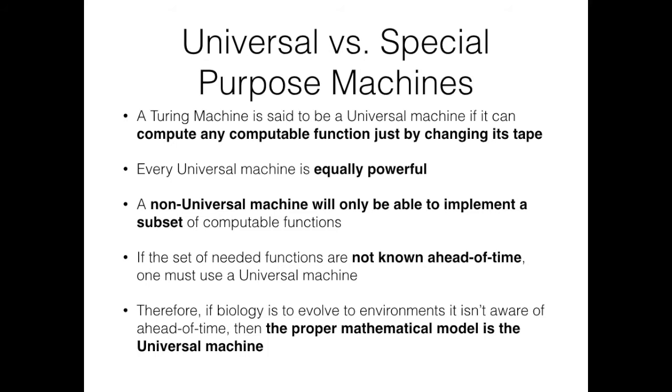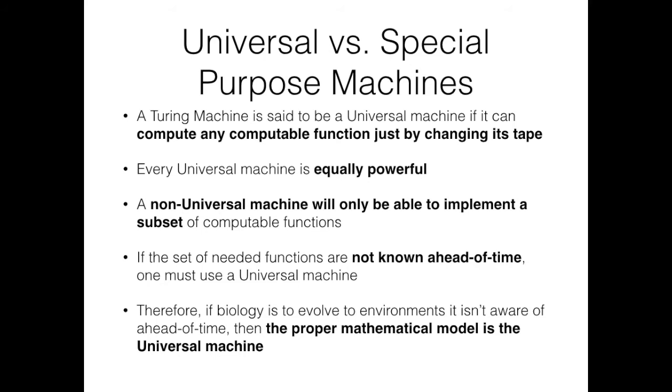So if the set of needed functions is not known ahead of time, then you have to use a universal machine, because otherwise you'd be too constrained in what it did. Now, if you know the sorts of functions you need, then you can use a special purpose machine, and that's fine. But if you don't know your needs ahead of time, you will need a universal machine so that your tape can be arbitrarily changed.